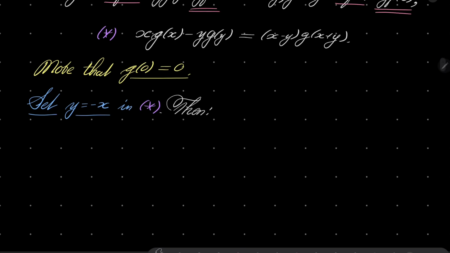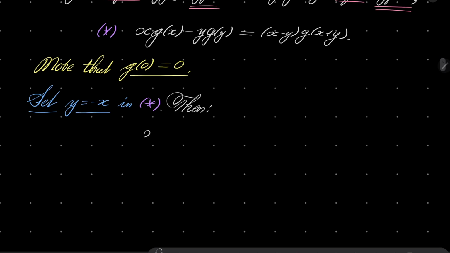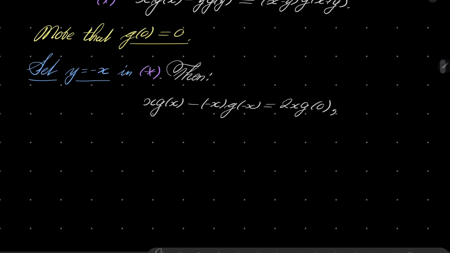Then we have x g of x minus x g of minus x equals 2x g of 0. g of 0 is 0, and on the left hand side we can factor out x, and we have g of x plus g of minus x equals 0.